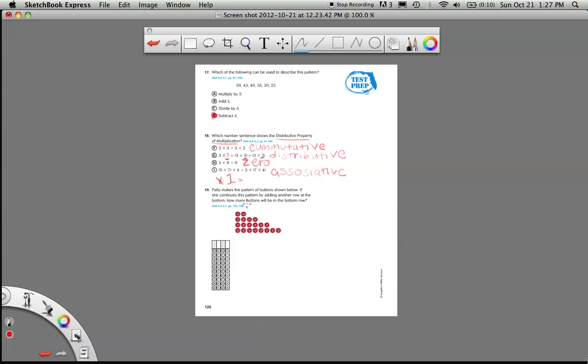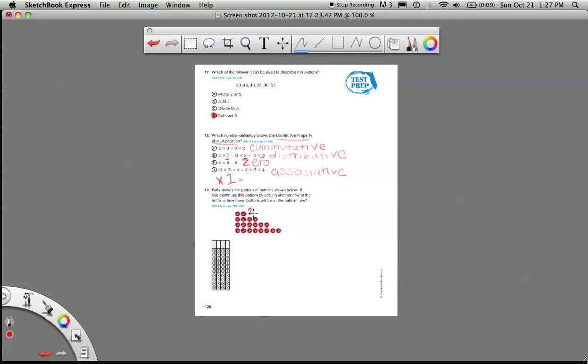All right, number 19, last one. They give us a pattern here, and they say Patty makes the pattern of buttons that are shown. If she continues this pattern by adding another row at the bottom, how many buttons are going to be in the bottom row? So not in the whole thing, but just the bottom. So we got to look and see what she's doing so we can continue the pattern.